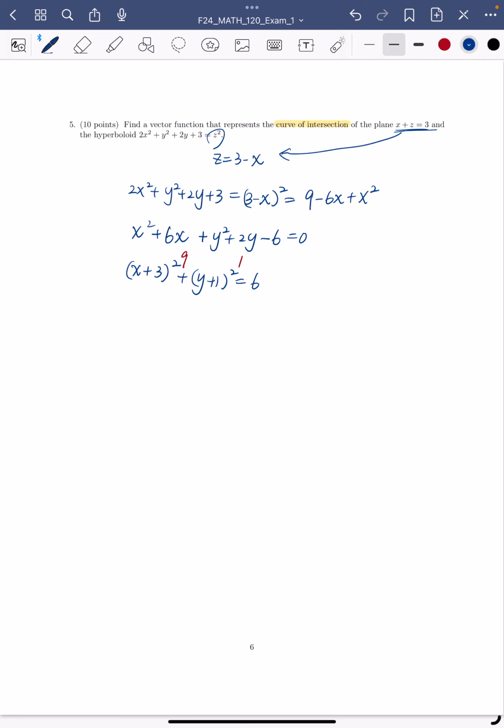So 6 plus 9 plus 1, which is 15. No, it's 16. Sorry. Okay, now you get a circle of radius 4.